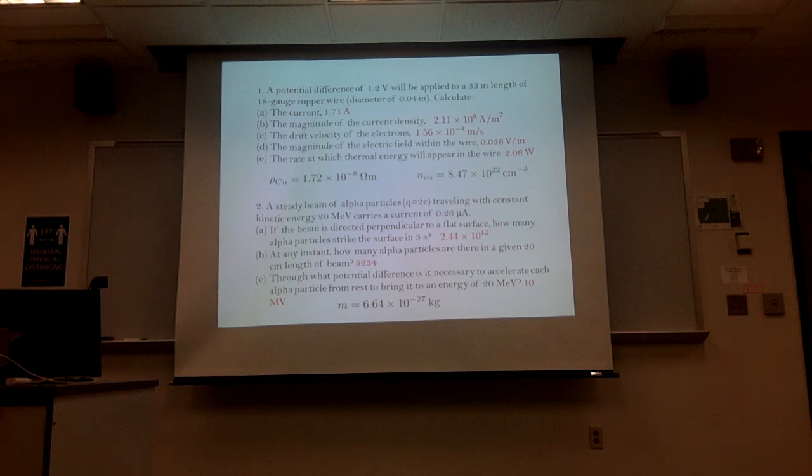We can call it Q, where Q just happens to be twice the proton charge. An alpha particle is actually just two protons and two neutrons, basically a helium atom without the electrons. So that's fundamentally it.